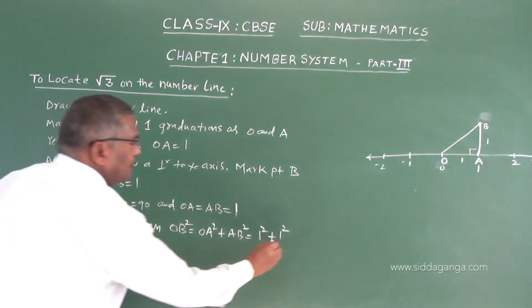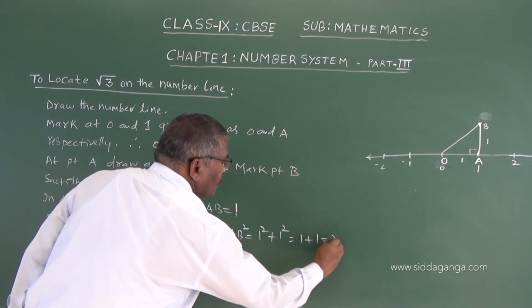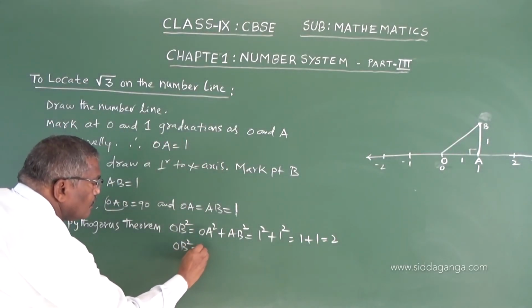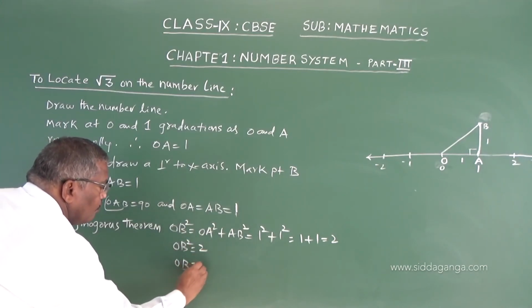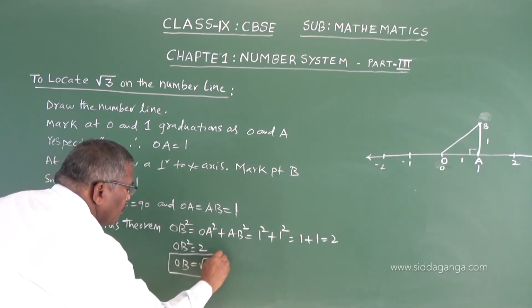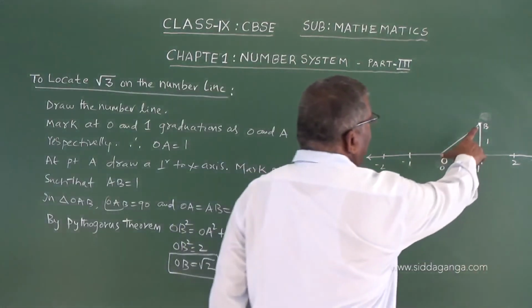So 1 square plus 1 square is 1 plus 1, so that is equal to 2. So OB square equals 2. So therefore take square root on both sides, you will get OB equals root 2.